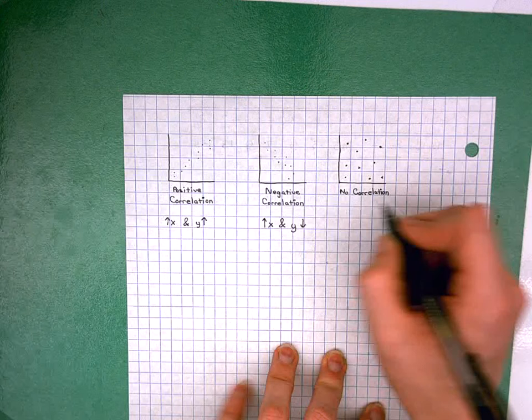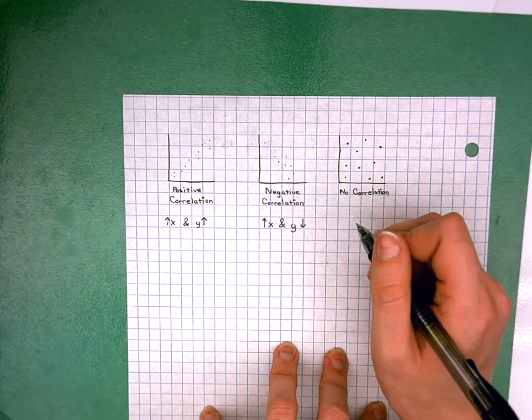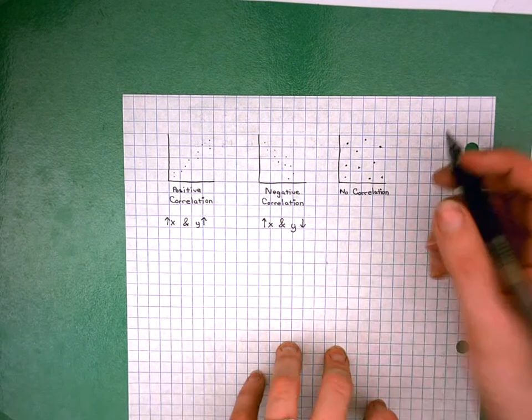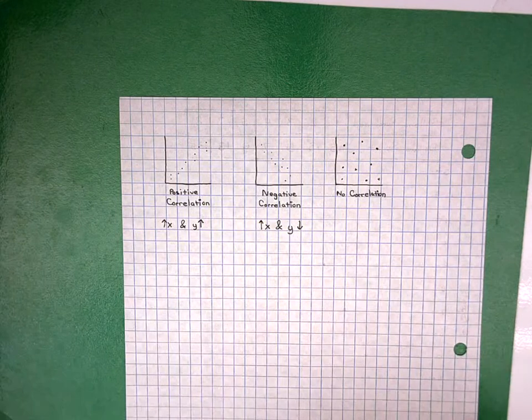For example, as the temperature outside goes up, the letter my name starts with is a D, right? Something like that, where there's no relationship. The number of letters in my name compared to my weight, for example, right? That doesn't have any effect. Okay? There's no relationship between the two of them.